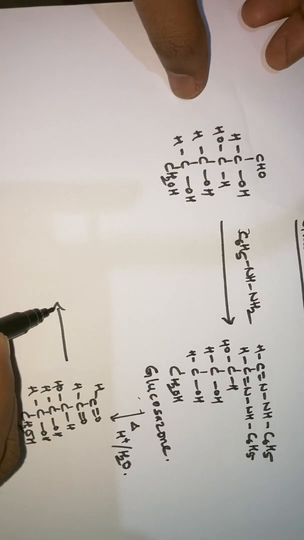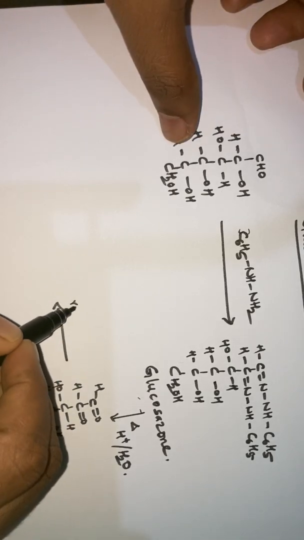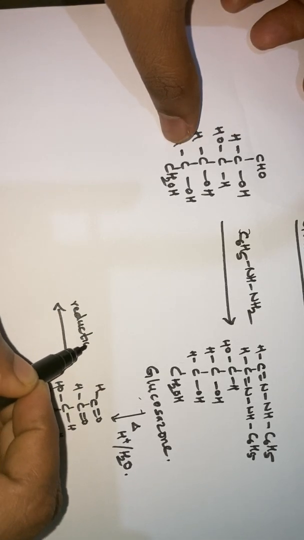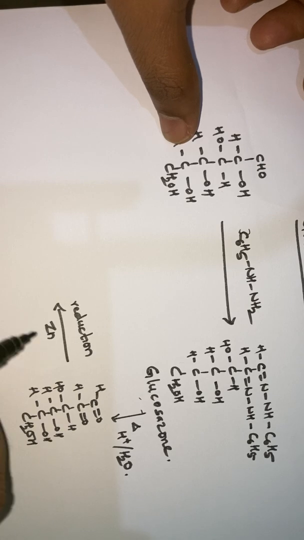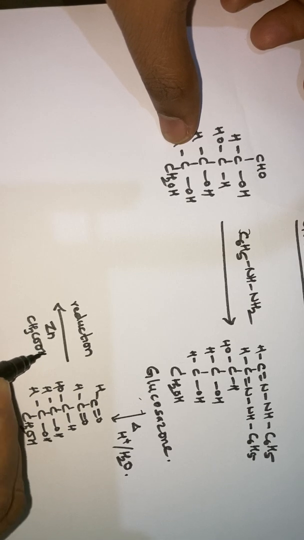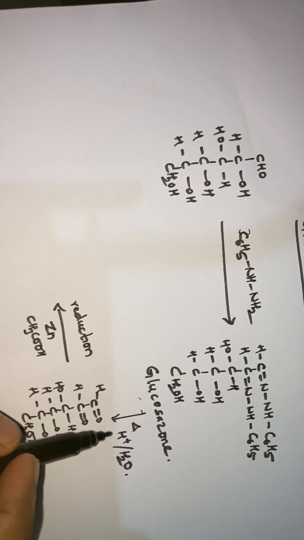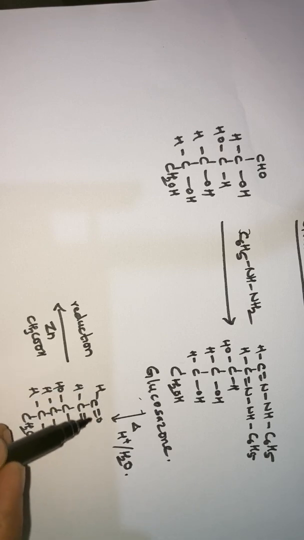Then it is subjected to reduction using zinc and acetic acid. Reduction takes place and the aldehyde gets converted into an alcohol.